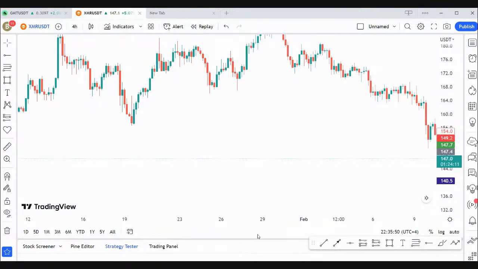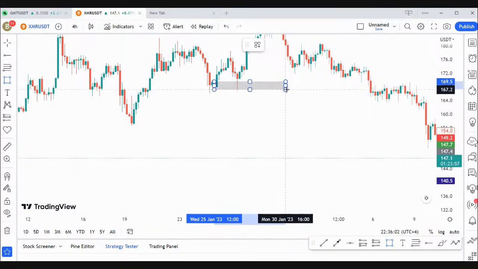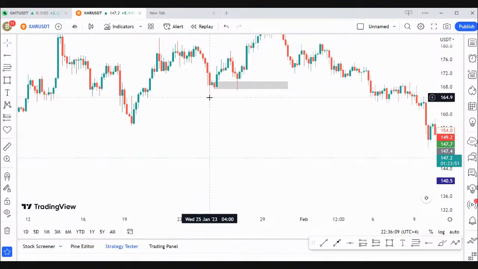For example, let me use this as an example for those joining me new. This candle is a fair value gap from here. You can see here now. So this is a clear order block. What is an order block?